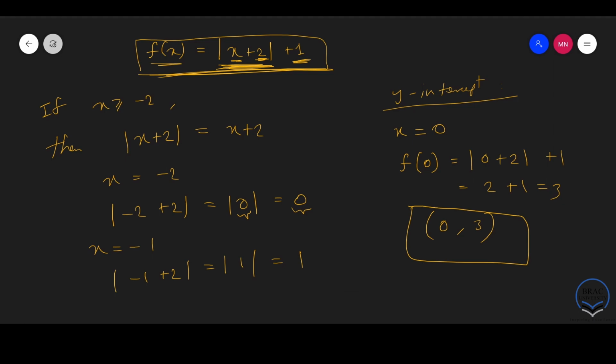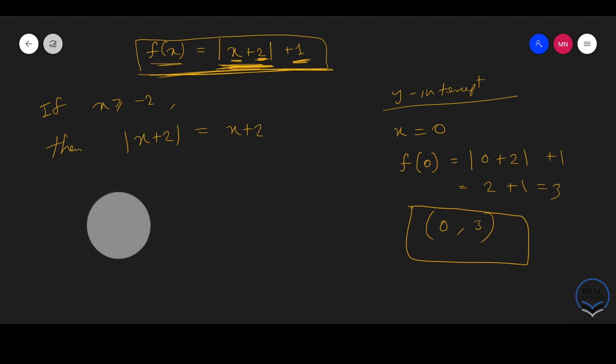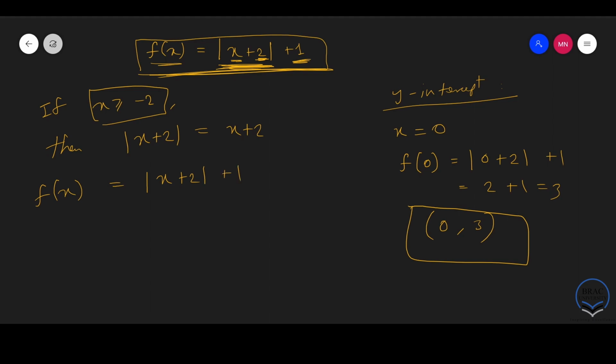So in this case, when x is greater than or equal to minus 2, f of x will be equal to the absolute value of x plus 2, plus 1, which will be x plus 2 plus 1, and this will be equal to x plus 3. Right.